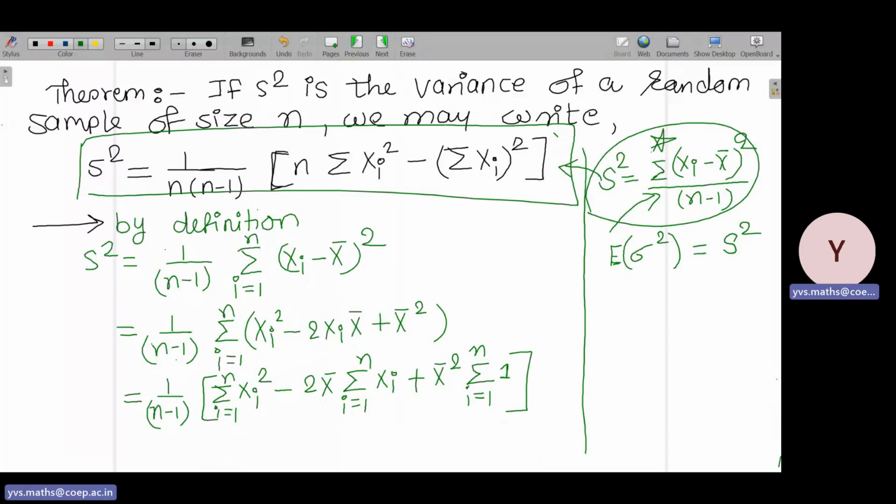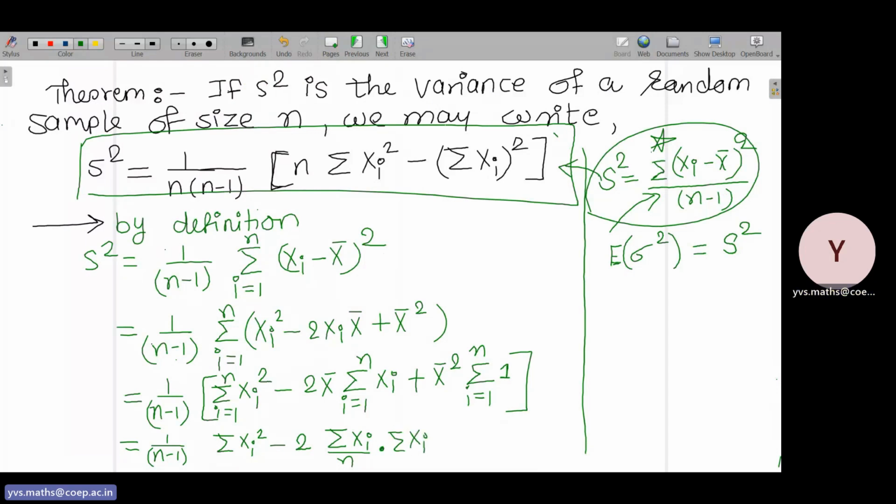Now the same thing we can write as 1 upon n minus 1 summation xi square minus 2 summation xi divided by n, writing x bar as summation xi by n, into summation xi as it is.